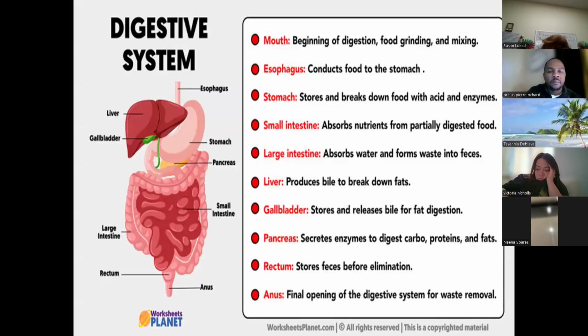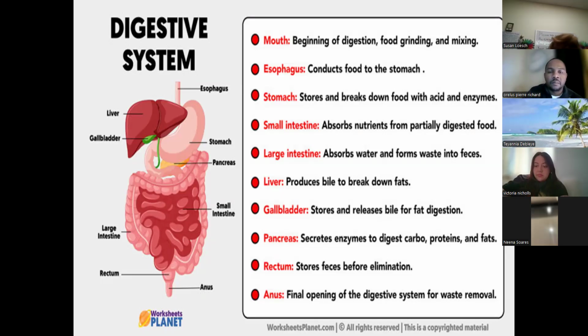All right, so this slide is just telling you the different parts and what they do. Digestion starts in the mouth. The esophagus is going to bring the food to the stomach. The stomach stores and breaks down the food using acids and enzymes. Your small intestines then absorbs those nutrients. The large intestines is going to get rid of whatever else we don't need, but it also helps absorb water.